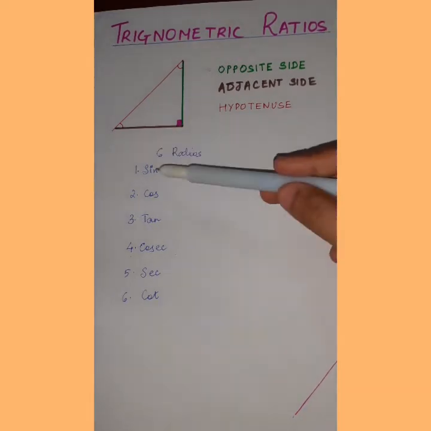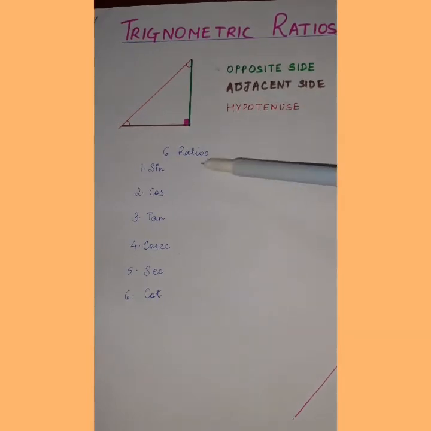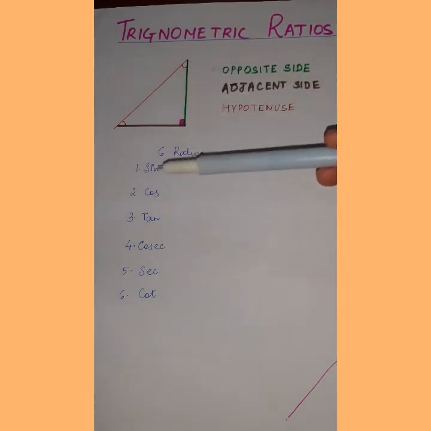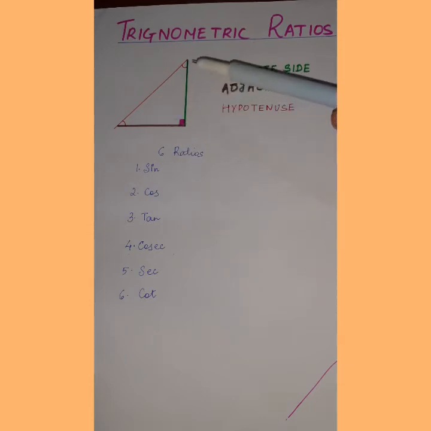So let's start with sine. Sine is dependent upon this opposite side, this green line, and the hypotenuse. If some values are given on these three sides, sine is always dependent on the value written on the opposite side and the hypotenuse.